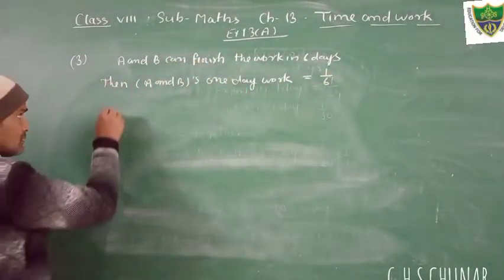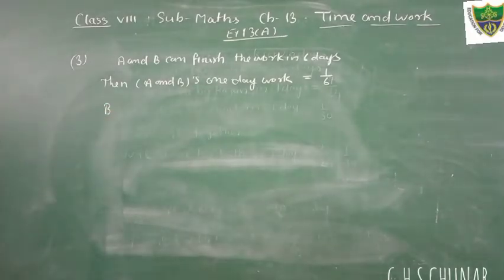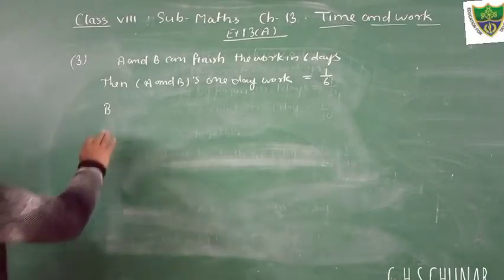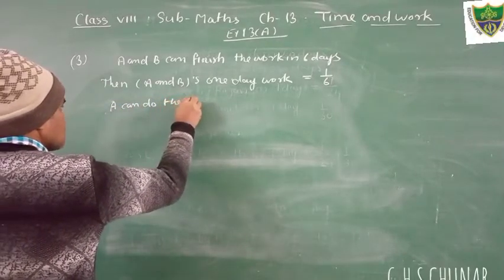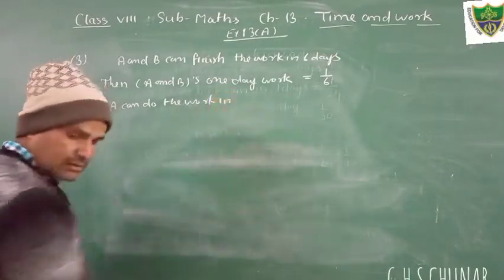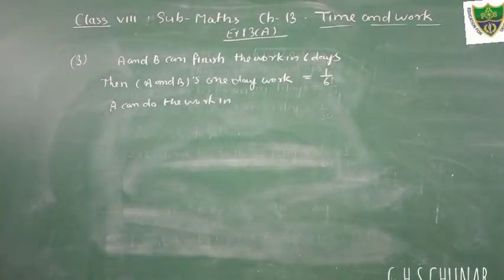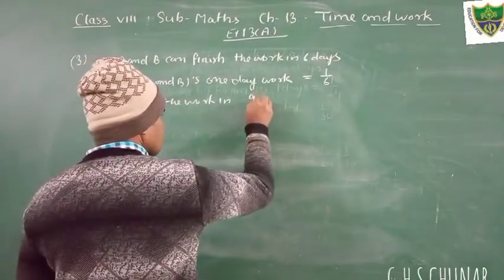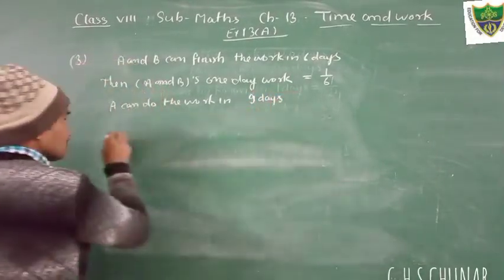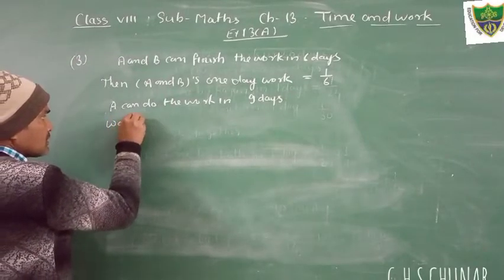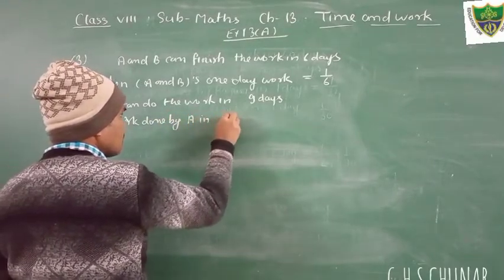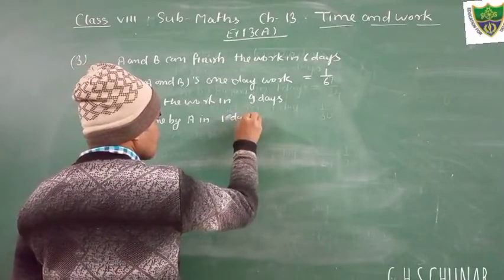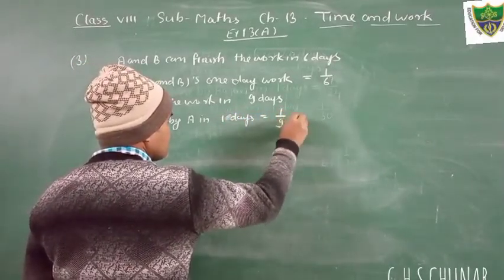Either A can do or B can do. While A alone can do the work in 9 days, the work done by A in 1 day is 1 upon 9.